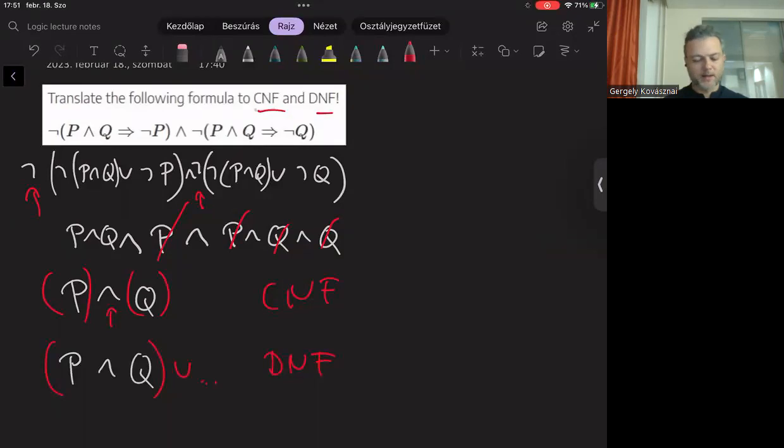So basically, this is a DNF which contains one single cube, P and Q. To summarize, whenever you get a formula at the end which contains only conjunctions, then that resulting formula is a CNF and a DNF in one. The same happens if you get a formula at the end which contains only disjunctions. This is also both in CNF and DNF.